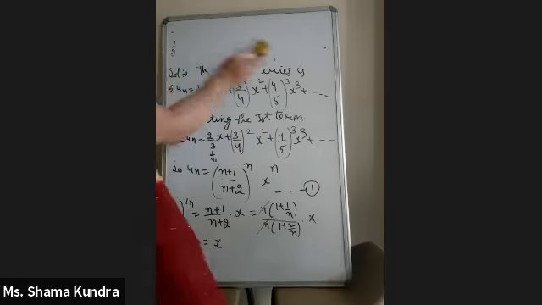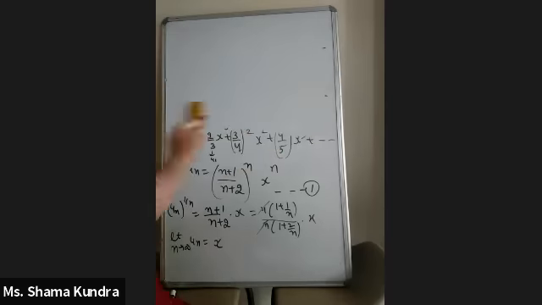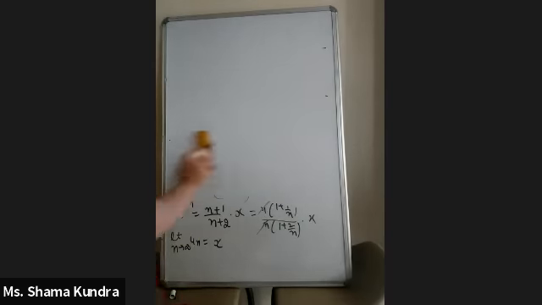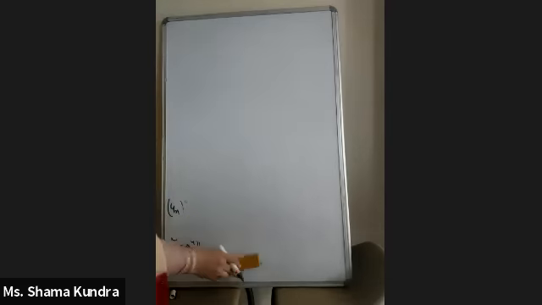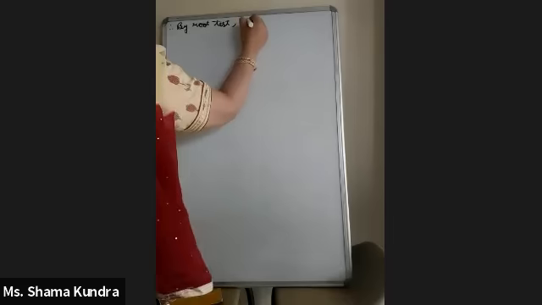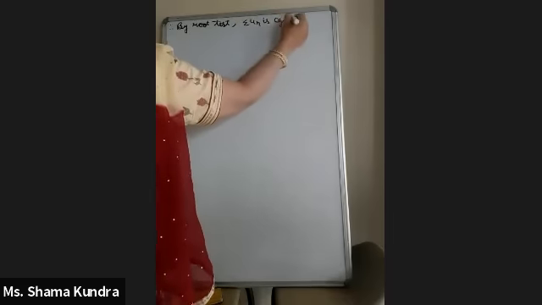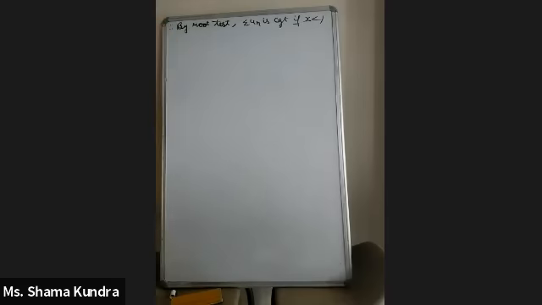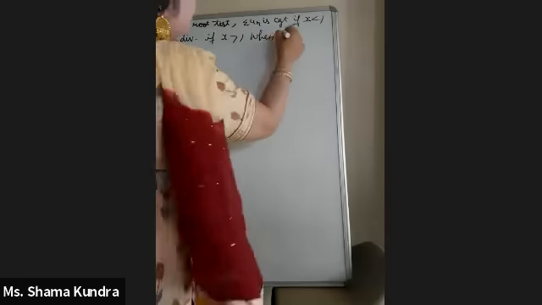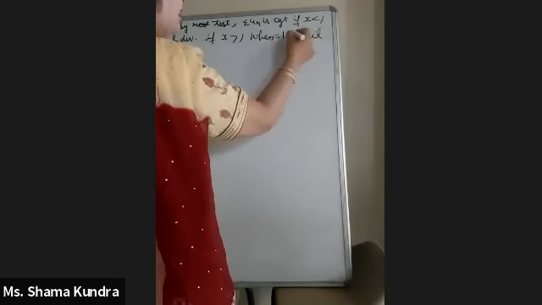Therefore, by Cauchy's root test, series u_n is convergent if x is less than 1 and divergent if x is greater than 1. When x equals 1, the test fails.